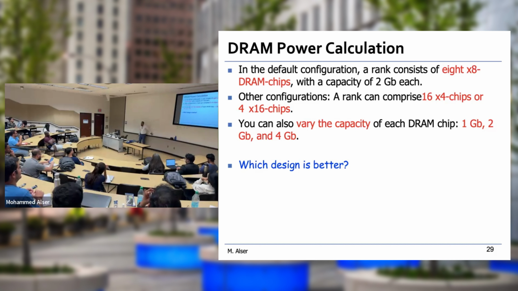Remember, those are separate chips, really isolated from each other, although they share three things. Since they are in the same rank, they share the data, the address, and the command. However, each of them requires a certain amount of energy, so each has its own energy consumption.